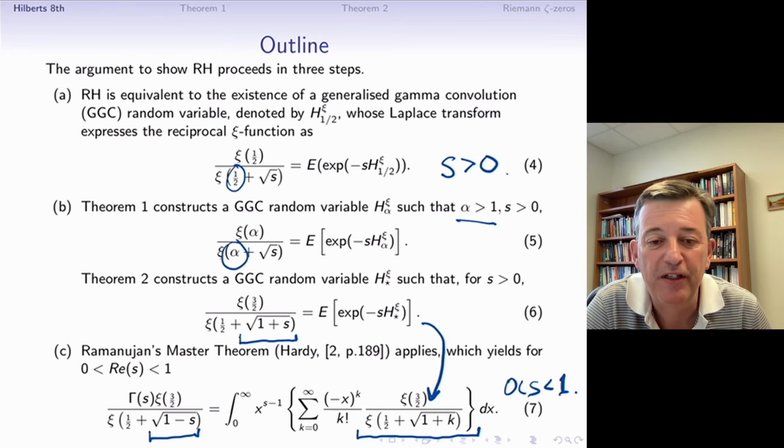Of course, one question is, are the conditions of Ramanujan's master theorem holding true for the reciprocal xi function? This has been studied in a paper by Chowdhury and Kadir, I think 2012, who look at extensions of the Ramanujan-Hardy master theorem.